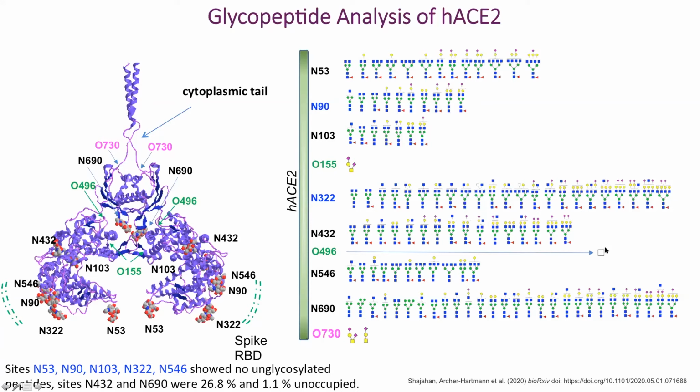This is probably just a HexNAc, so it's probably just a GalNAc residue attached. But what I want to point out is the O730 glycosylation, which was fully occupied. And it is in what is called the cytoplasmic tail of the molecule.